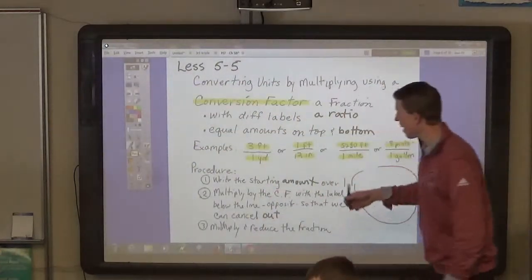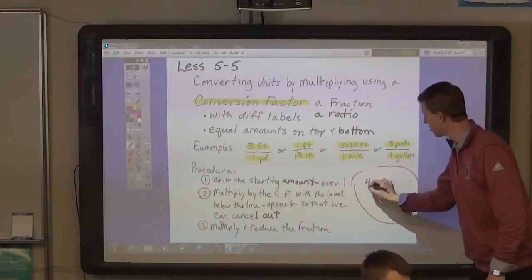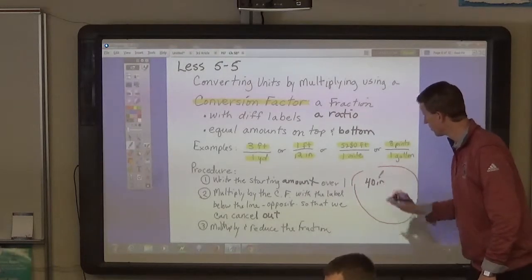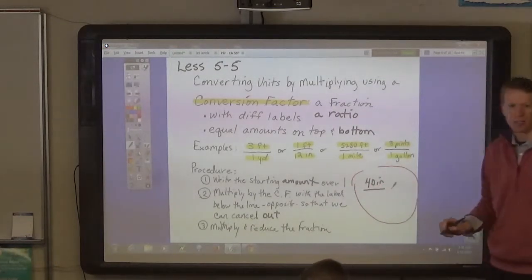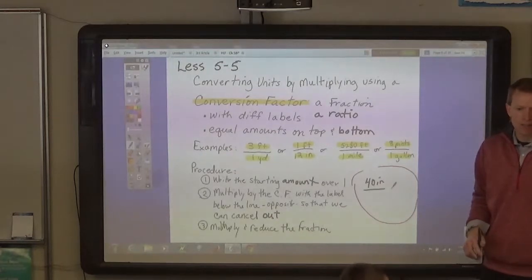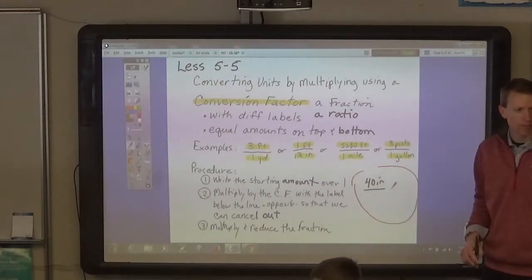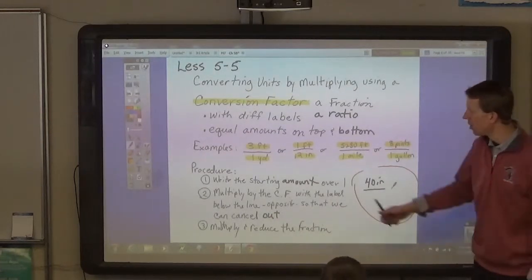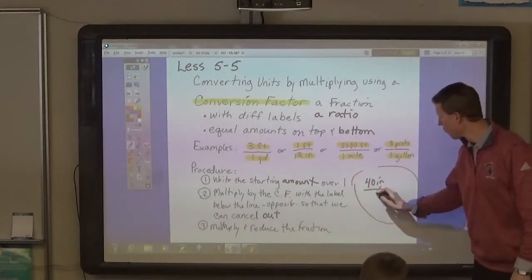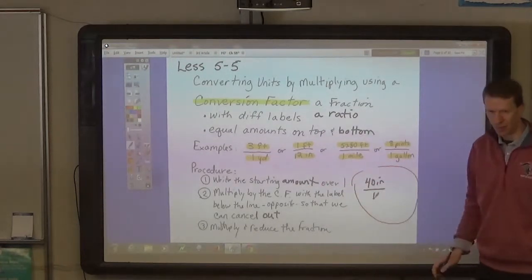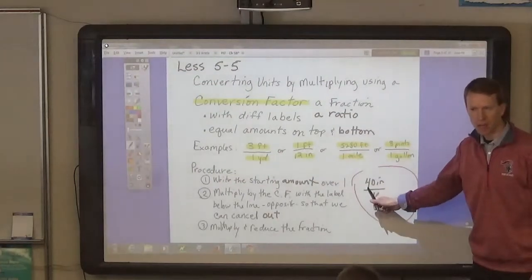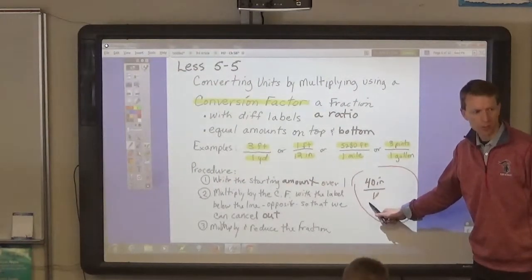We're going to be taking an amount like 40 inches and figuring out the number of feet in that. Okay? So, you write the starting amount over 1, it says. You'll be given a starting amount, you write it over 1. Start with that.